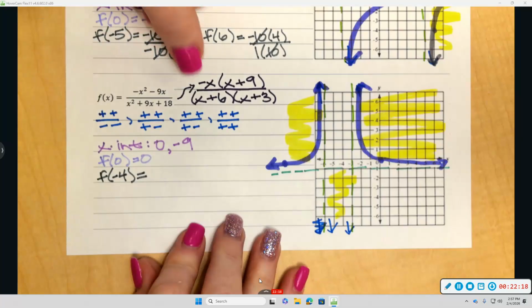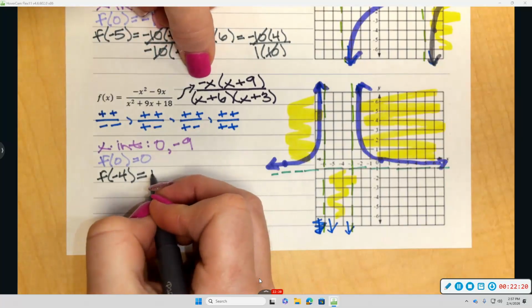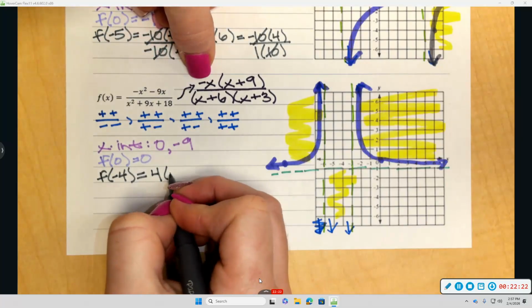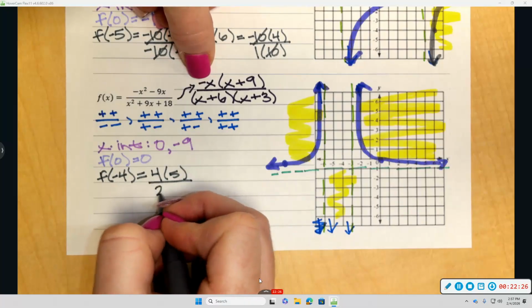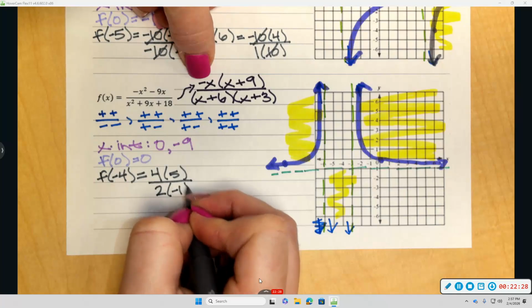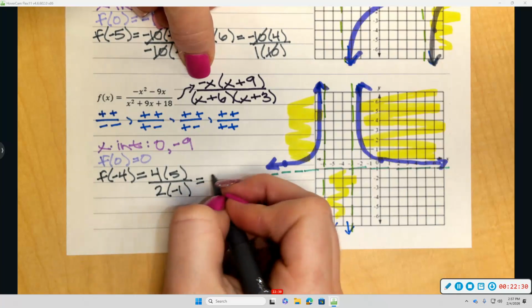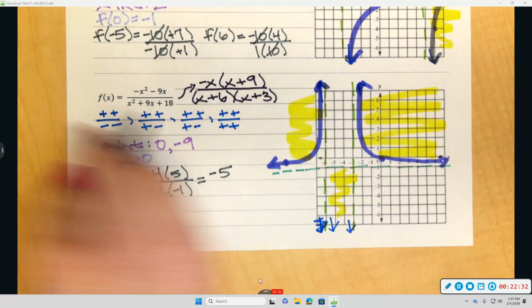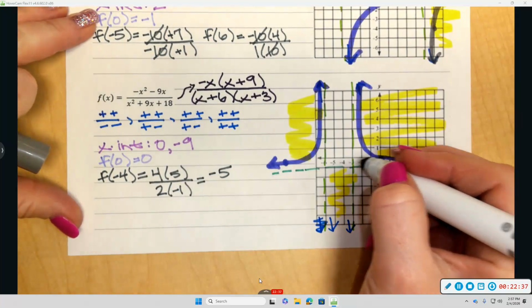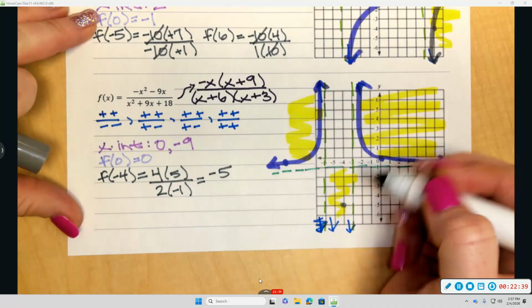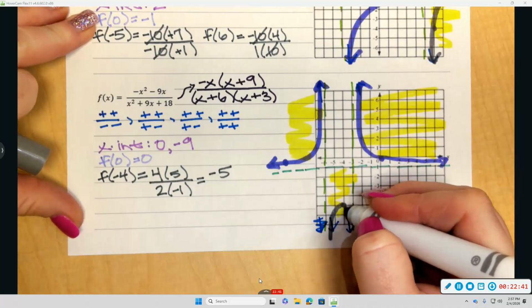So I'm just going to plug it in. I would have a +4 times a 5 over 2 times -1. So 10 over 2, -5. So I said -4, -5. So this somehow does that.